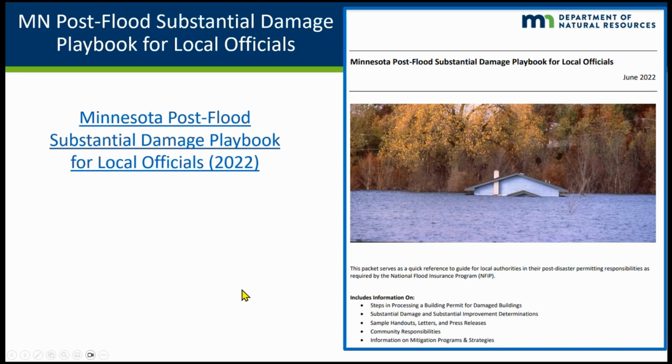We haven't updated recently, but those of you who have been through flooding, if you have suggestions on things like, gee, I wish you'd had this in your playbook or that in your playbook, or this part wasn't real understandable, we'd appreciate any comments you've got because we want this to be useful for you at the local level.